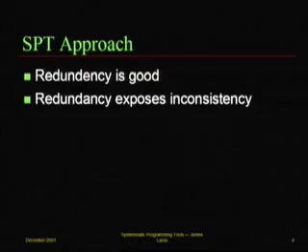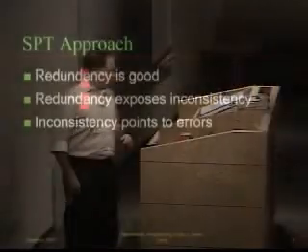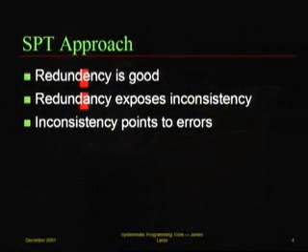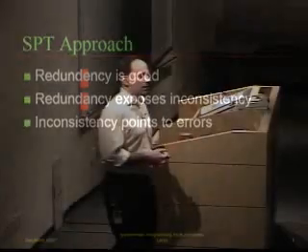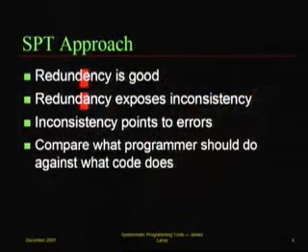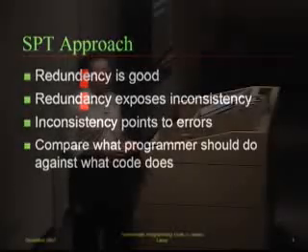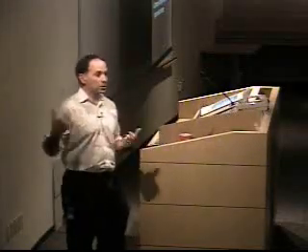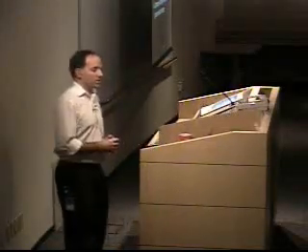The approach that we've taken is pretty well summed up on this slide. The basic idea is that redundancy is a good thing, in the sense that redundancy helps expose inconsistency. And inconsistencies can sometimes point to errors in programs or English text as well. So a lot of what we've been trying to do is to compare what a programmer should be doing against what the actual code is, what the programmer is actually doing.